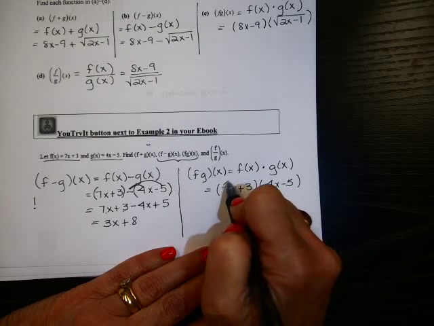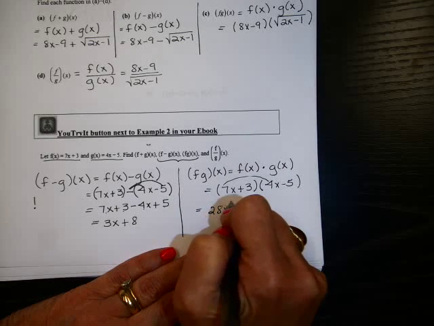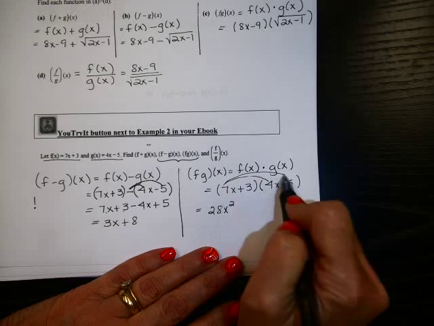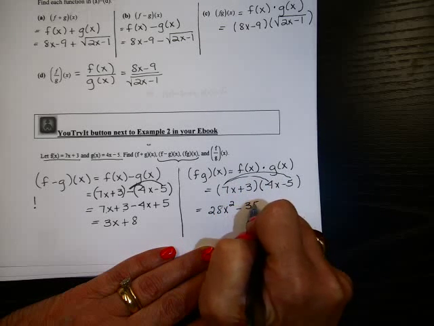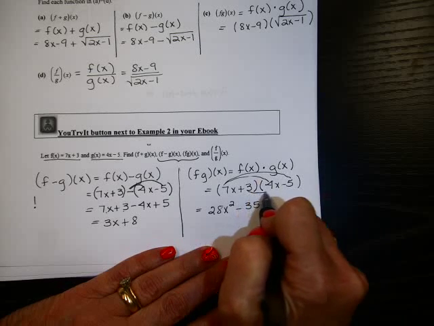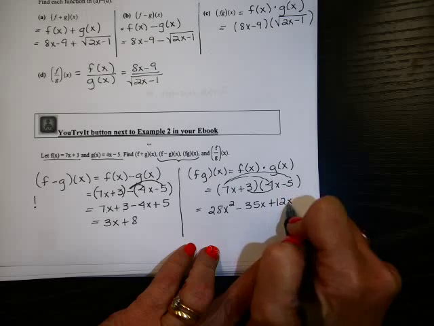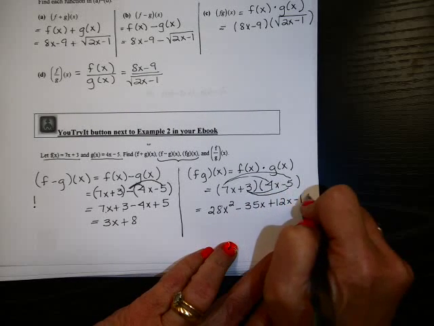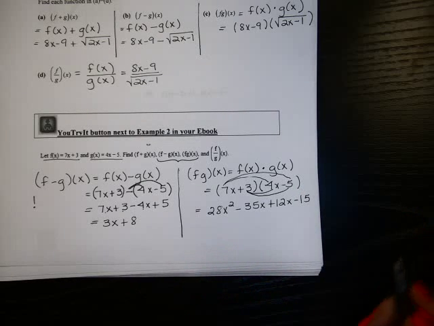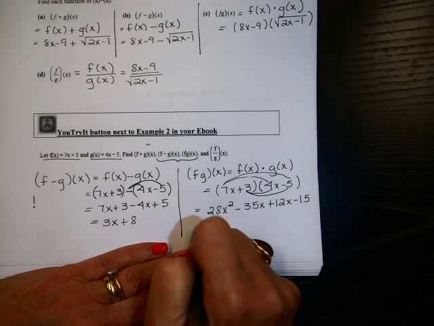So your first, 28x squared, your outer 7x times negative 5 is negative 35x, your inner 3 times 4x, and your last 3 times a negative 5 is a negative 15. You might be working ahead of me, so you want to go ahead and put these together.